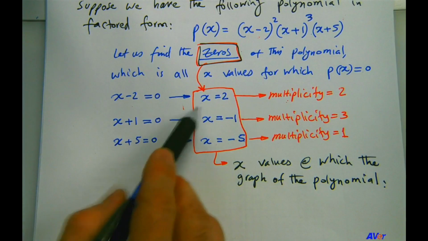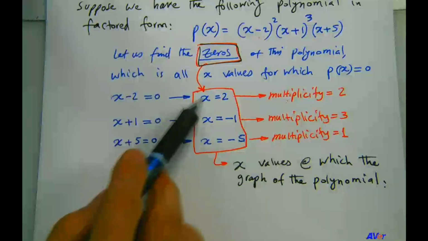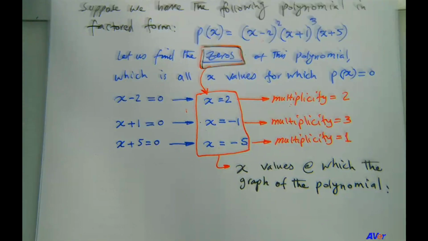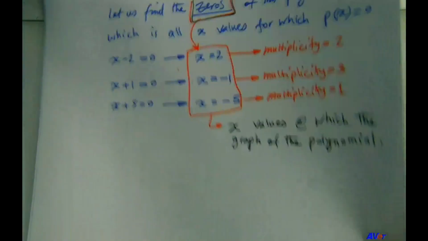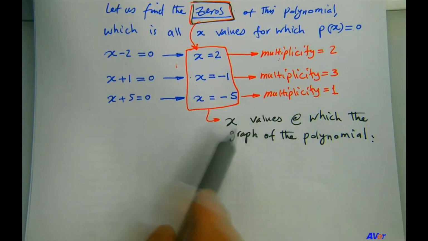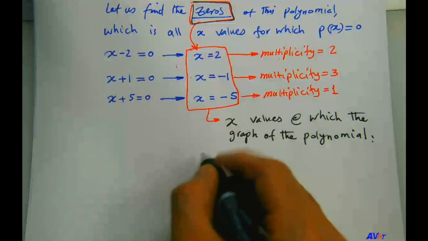What happens at each of these x values? What happens to the graph of the polynomial at each of these zeros of the polynomial is very important. I hope I have your full attention as you're watching this video.